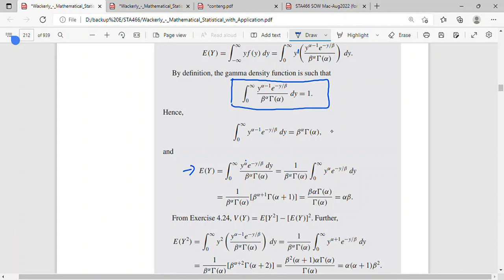Alright, so from here we can equate these two.